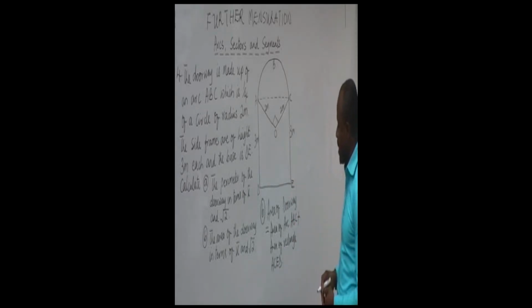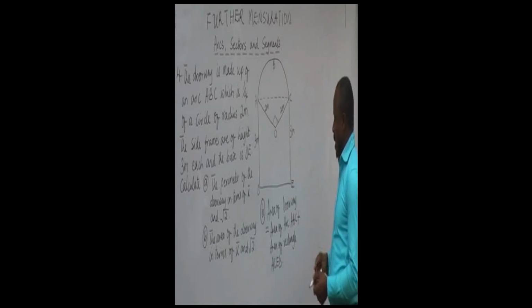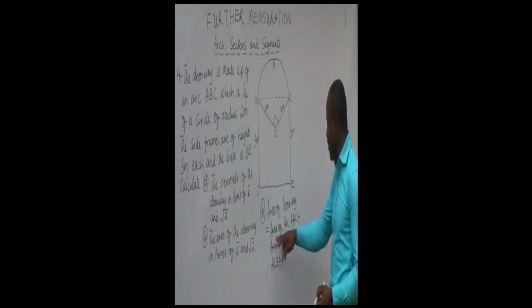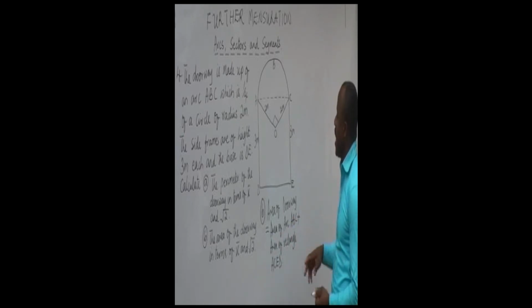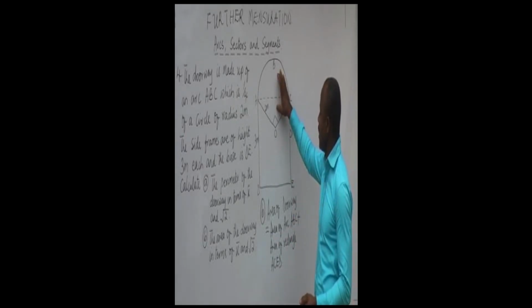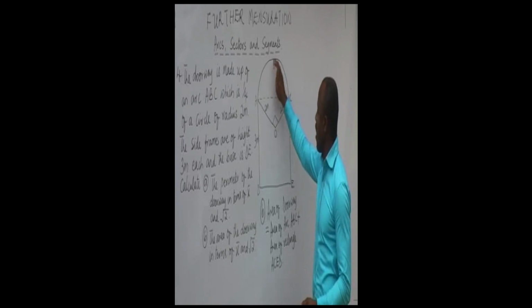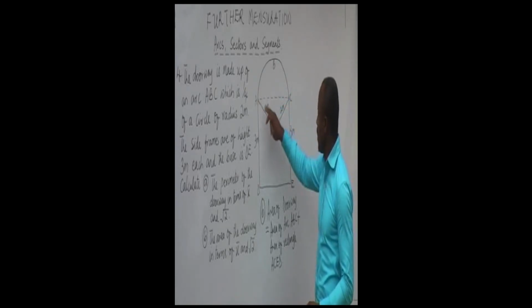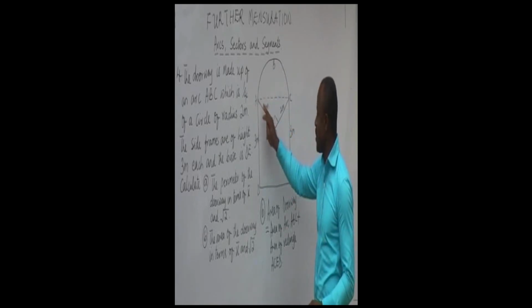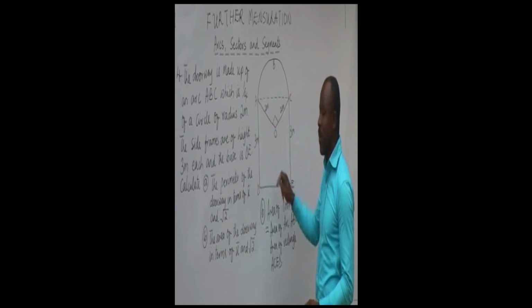I'm just trying to manage our space. Now, first of all, the area of the arc ABC. Area of this arc is the area of the sector OCBA minus the area of this triangle ACO.